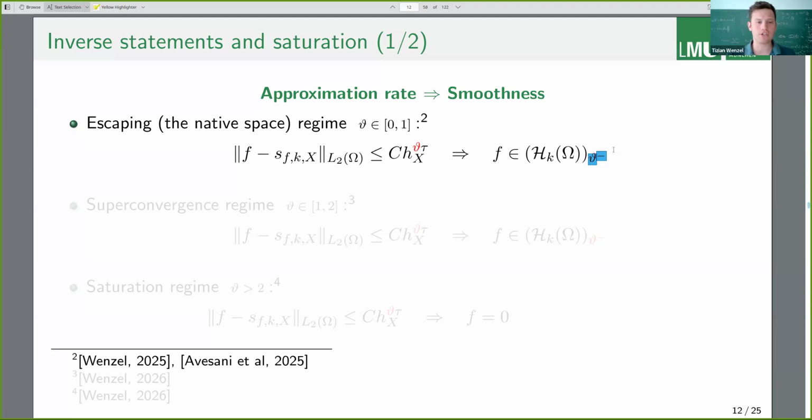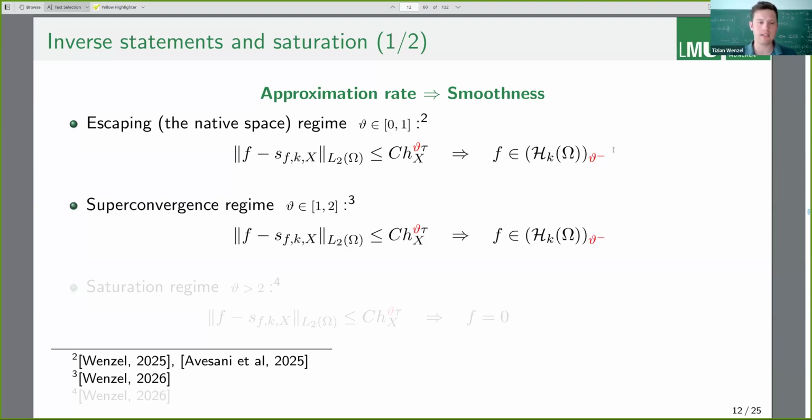And then in the superconvergence regime, we have the same kind of statement. So again, we see that we have some observed convergence rate. And with help of this convergence rate, we can conclude the smoothness of our function. And again, the statement is the same kind. We have the theta here and the same theta here.